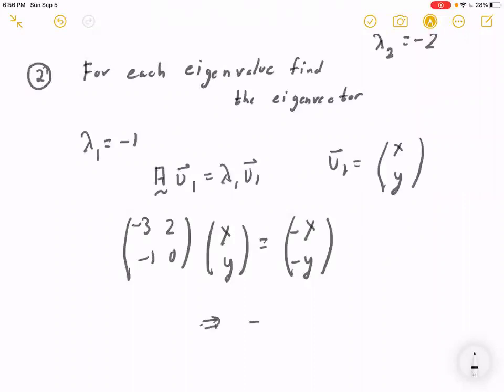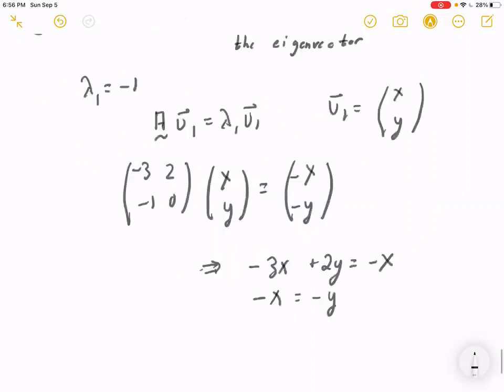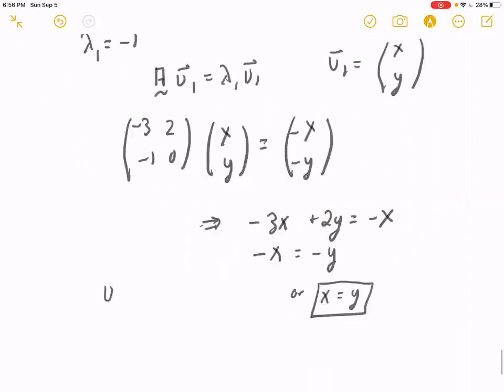This is going to give me minus 3x plus 2y equals minus x, and minus x will equal minus y. And you look at this, and at the end of the day, it's going to tell me the same thing, that x has to equal y. So the first eigenvector for lambda sub 1 is just this 2 by 1 matrix.